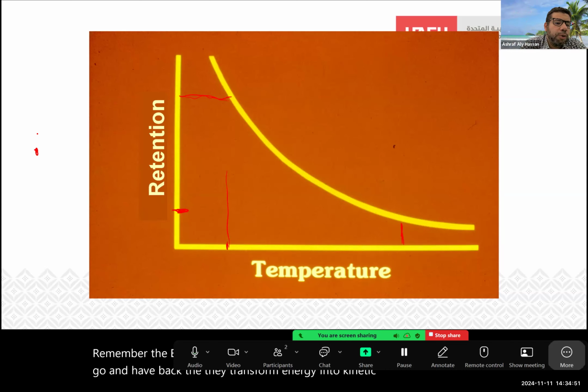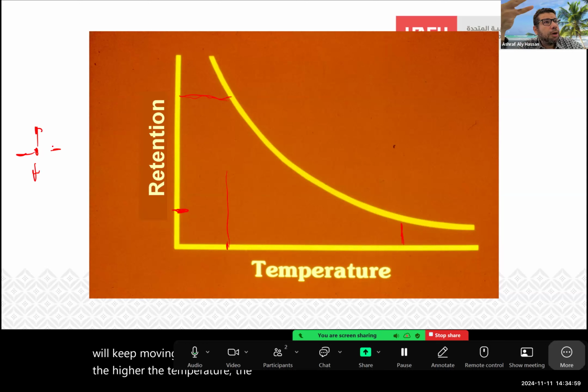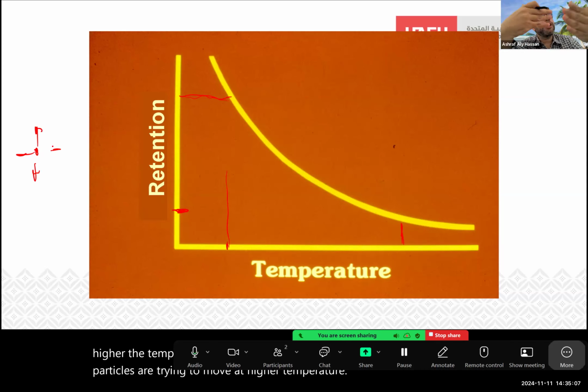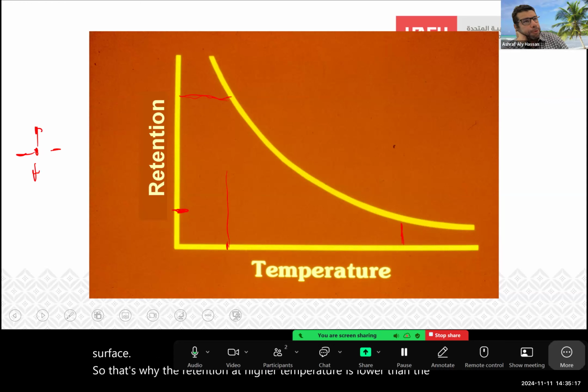One particle will keep moving right, left, up, down. So they keep vibrating very much. The higher the temperature, the higher the vibration of any particle. And since particles are trying to move at higher temperature, they can overcome the weak force of the physisorption, and then they can leave the surface. So that's why the retention at high temperature is lower than the retention at low temperature.